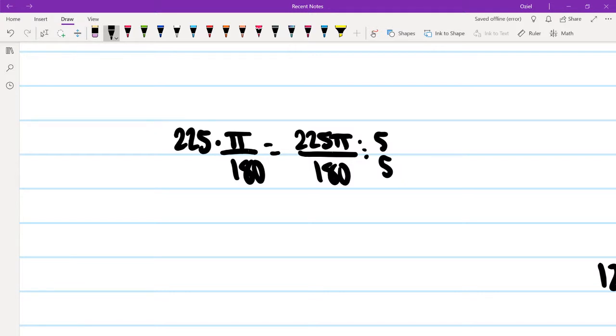And then you get 45 pi over 36. And then you would divide it by 9, and you would get 5 pi over 4.